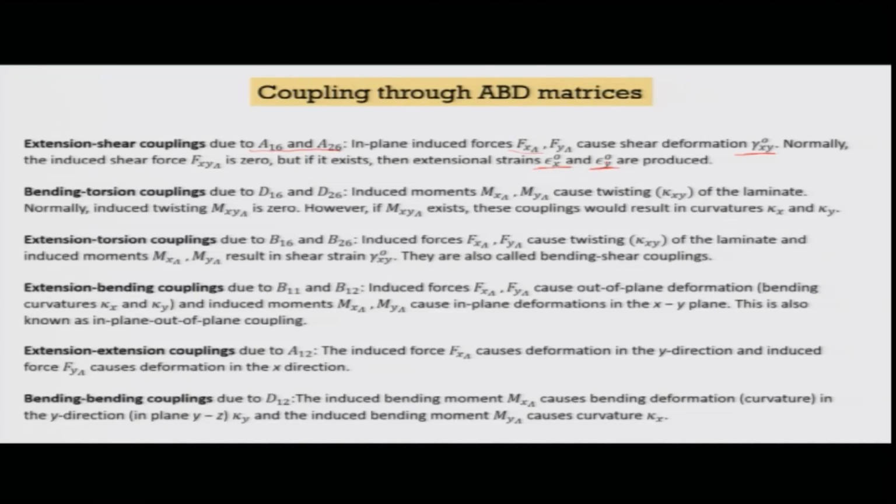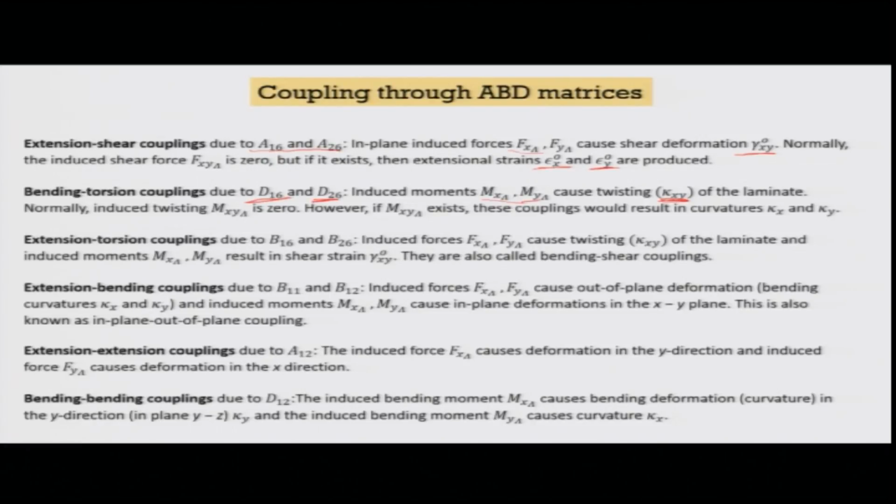And this can be produced by having a smart material layer, or by having suitable material properties, you can have this coupling. Bending-torsion coupling is happening because of the D16 and D26 terms, and this will be inducing moments Mx and My, and that will create twisting. So, bending will create twisting, and similarly torsion will create bending deformation.